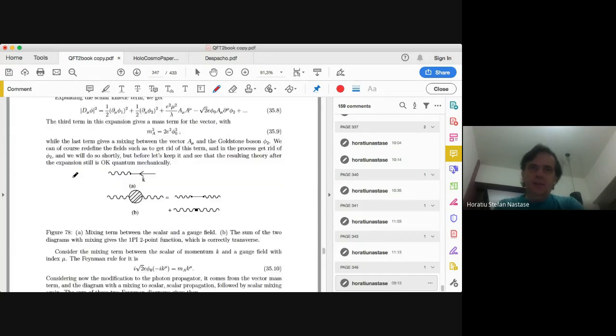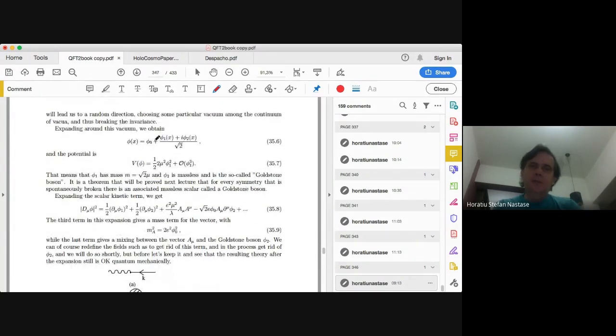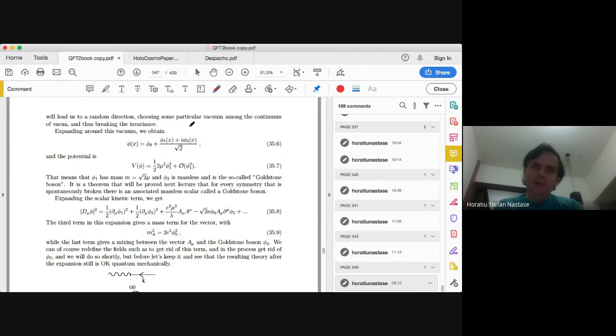So looking here, φ0 is real, then φ1 is a small perturbation in the real direction.